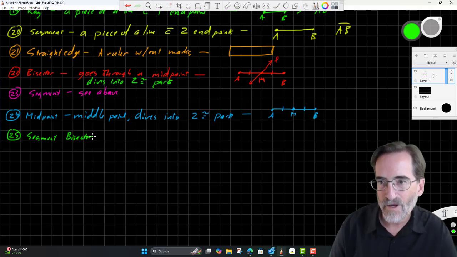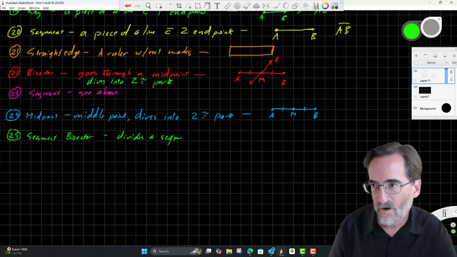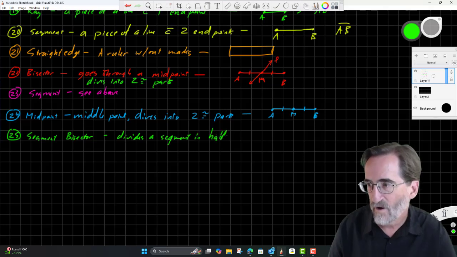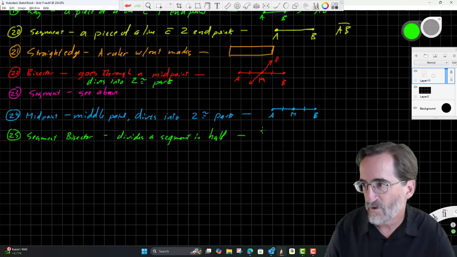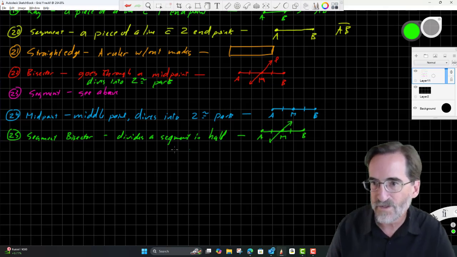Glad we got that. Segment bisector divides a segment in half. I'll give the same example. A, B, M is the midpoint, AM is congruent to MB. Anything that goes through the midpoint is a segment bisector.